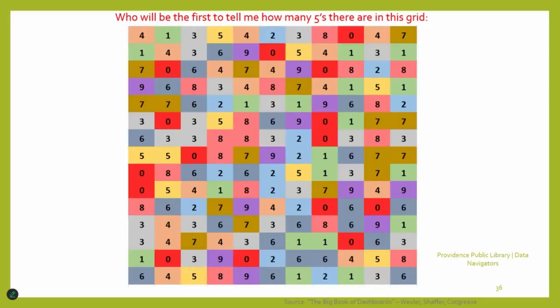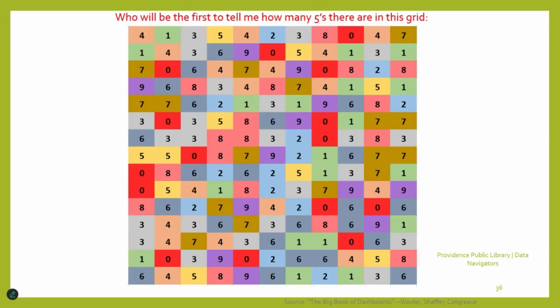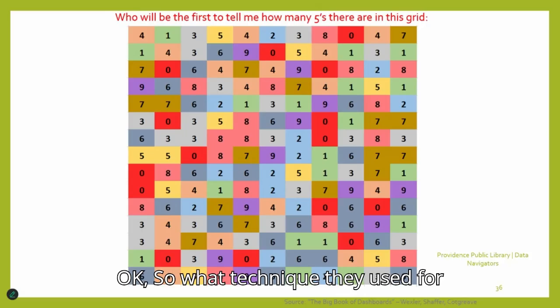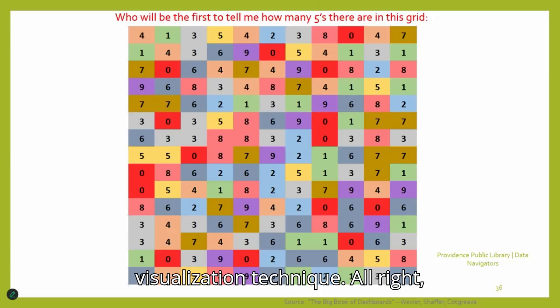Now how many 5s are there? 1, 2, 3, 4, 5, 6, 7, 8, 9, 10. 11. Okay, so what technique did they use? For each number they specified a particular color. For 0 they have given red, for 5 they have given yellow, for 1 they have given green, correct? So these are all visualization techniques. All right.